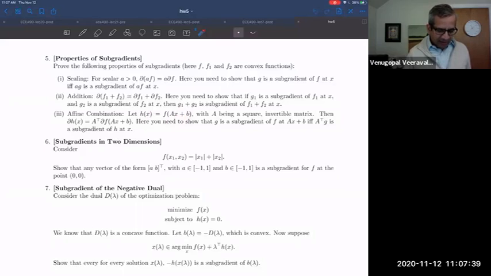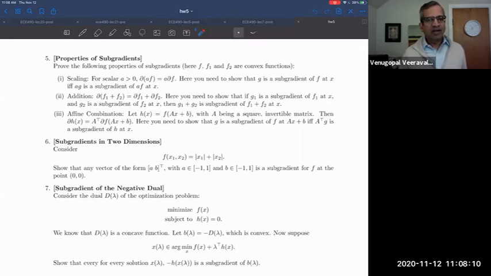So it's a little bit confusing because h is defined on x, but this function is really defined in a lower dimensional space. When you write down the steps of the proof, you have to be careful about that. So that you don't have to worry about it, I assume that A is a square matrix so that you're not changing dimensions. And I assume it's invertible so that you can make statements going both directions easily.